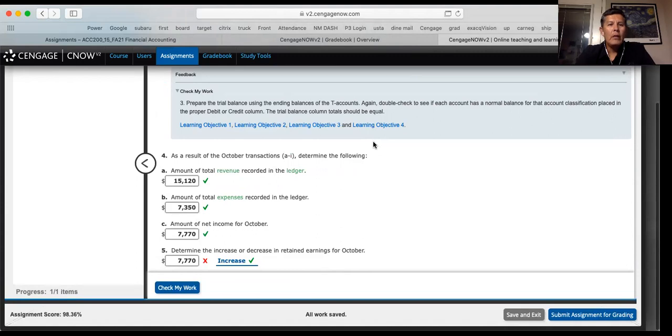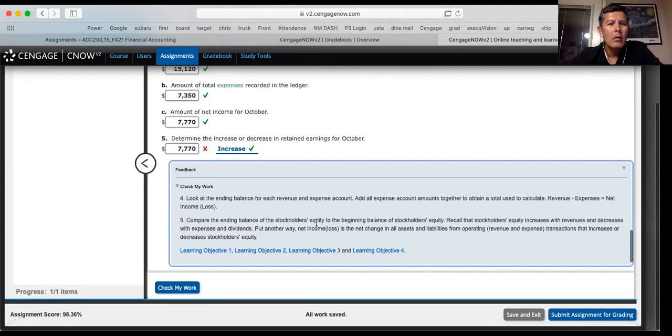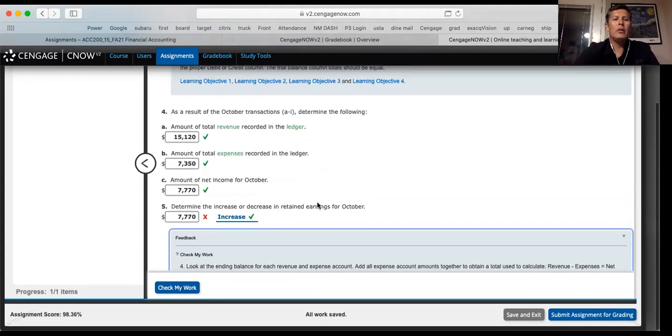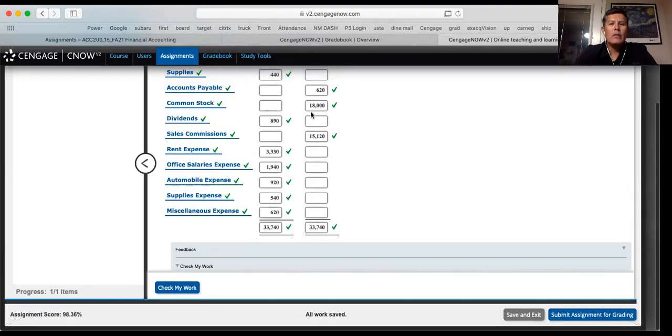$15,120 minus 7,350 equals. Well, I got that. All right, what does this say? Maybe I need to go 770 plus our 18,000. But you know what? We had a dividend. What was our dividend amount? 890.